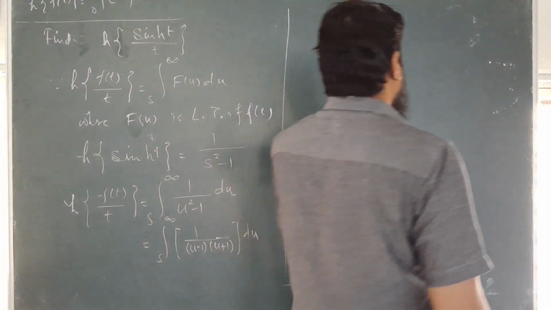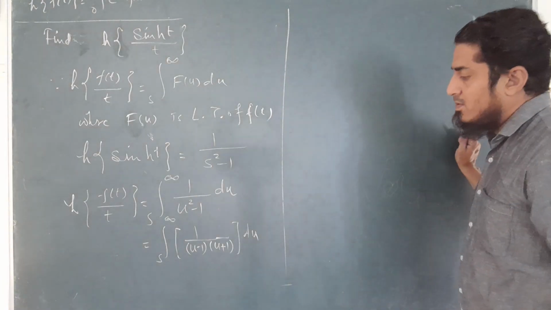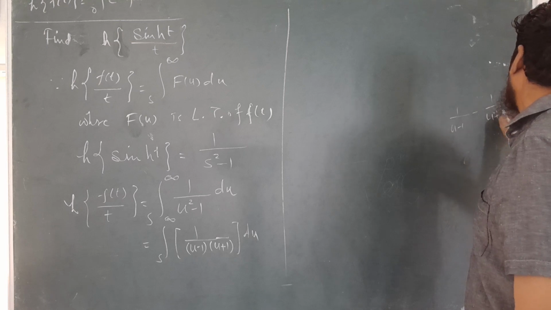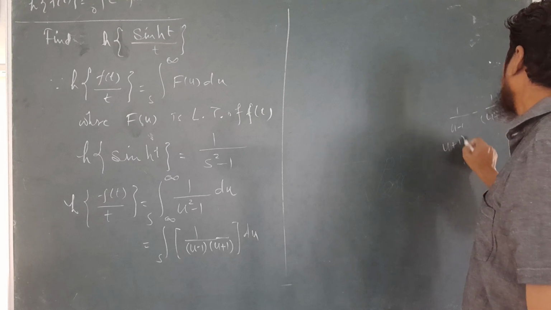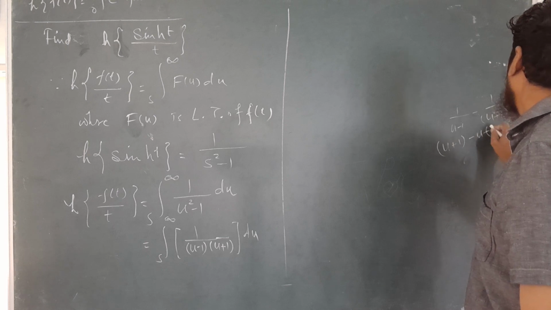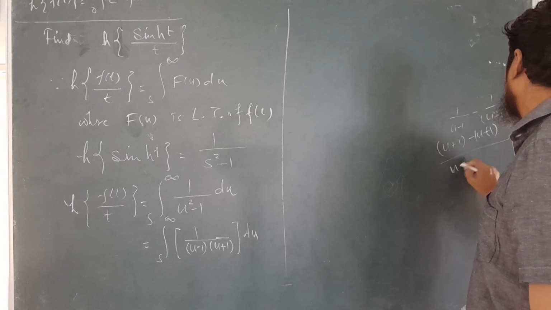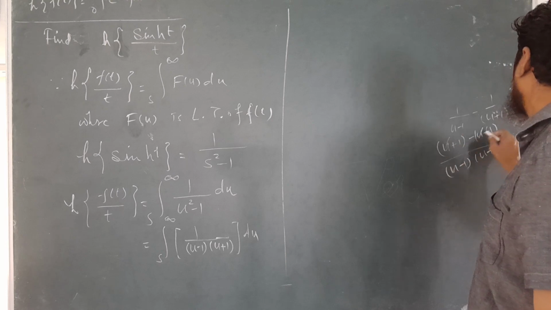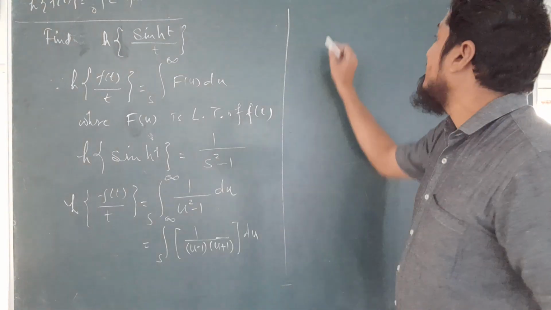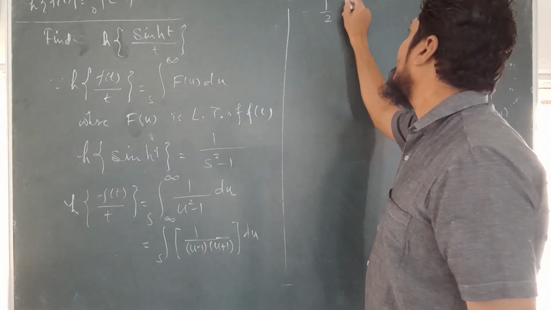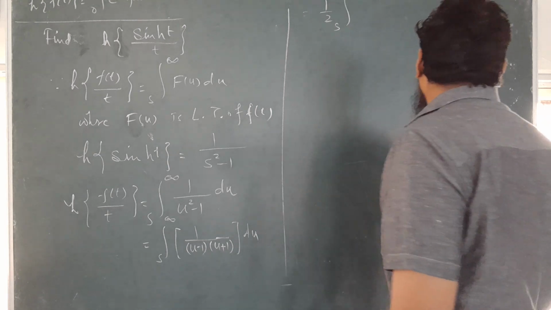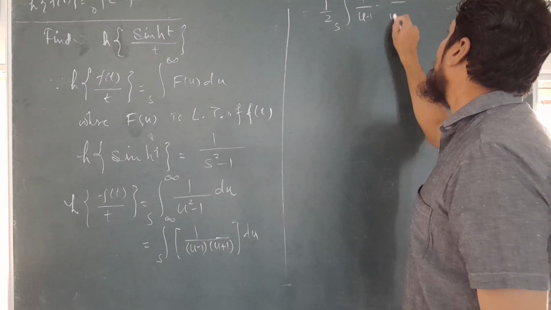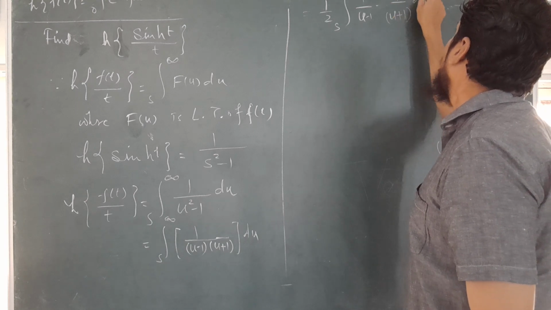Which can be written as 1 upon 2 of integration s to infinity 1 upon u minus 1 minus 1 upon u plus 1 du.